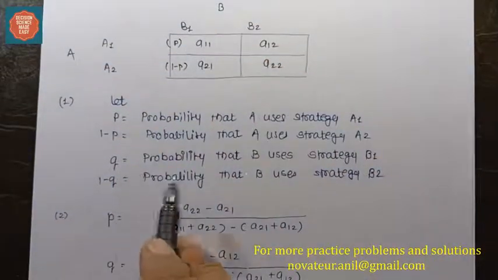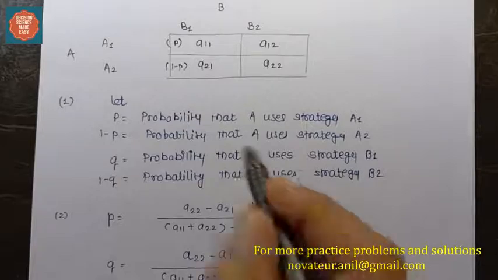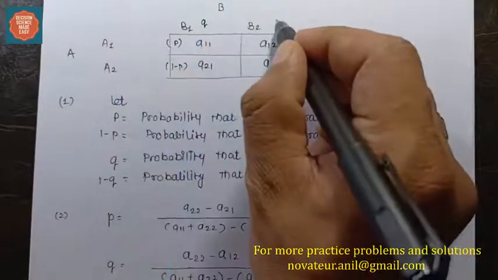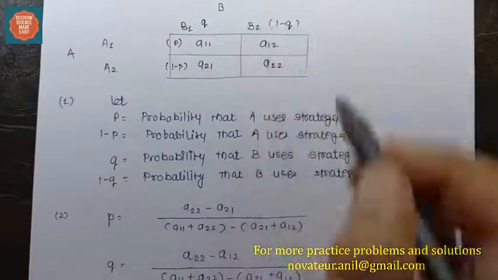Similarly, Q is the probability that B uses strategy B1. So if this is Q, this will be 1 minus Q.